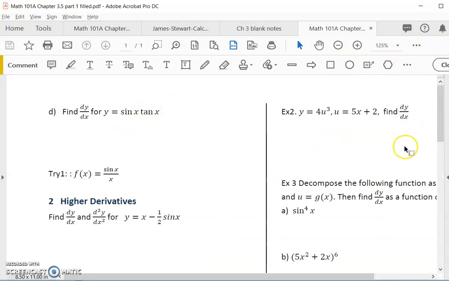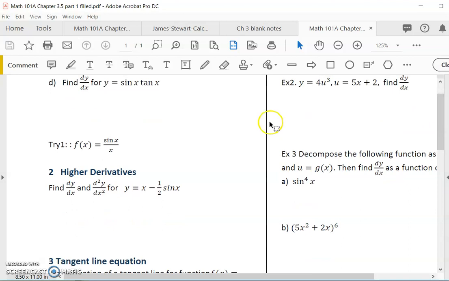So we need to select the pen first. So we'll say this is a product. This is a function multiplying this function. So the derivative would be f prime g plus f g prime, f equal to sine x, g equal to tangent x. So remember f prime is cosine x, positive. g prime is, do you remember, tangent is secant square x.